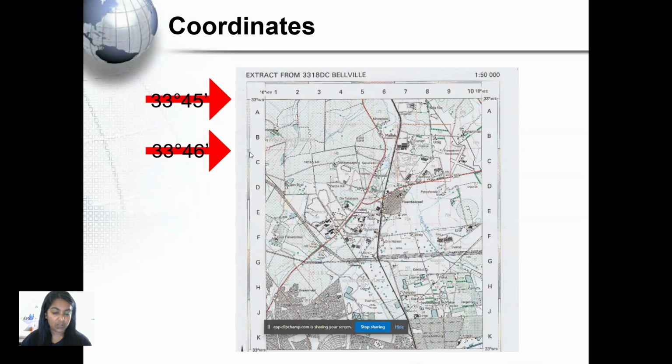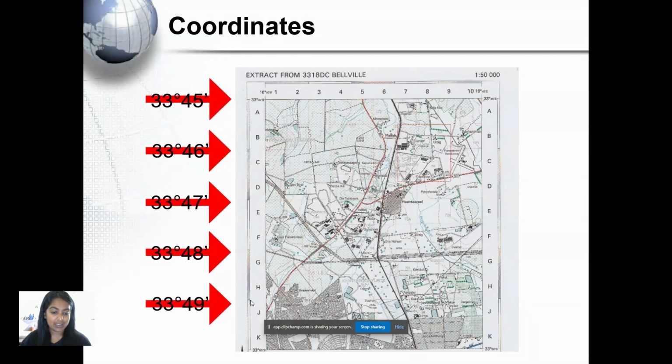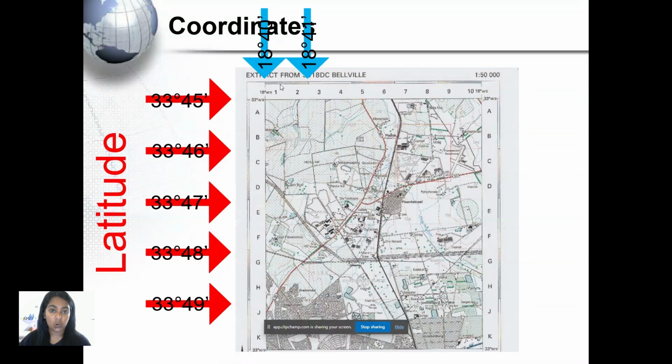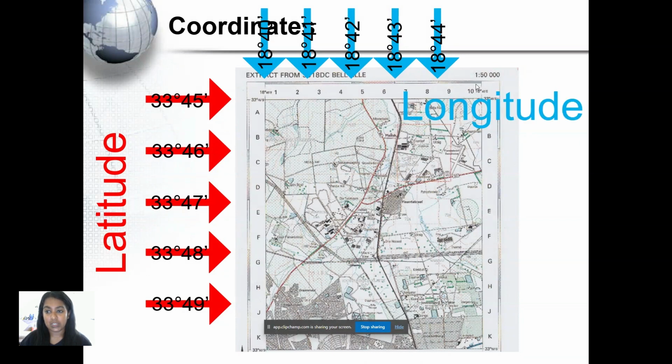So this whole bar is 45, 46, 47, 48, 49, and it ends on 33 degrees and 50 minutes south. Then, looking at our longitude, it starts from 18 degrees and 40 minutes, and it goes on to 41. So this whole bar is 40. The next bar is 41, 42, 43, 44, and it ends with our 18 degrees and 45 minutes.